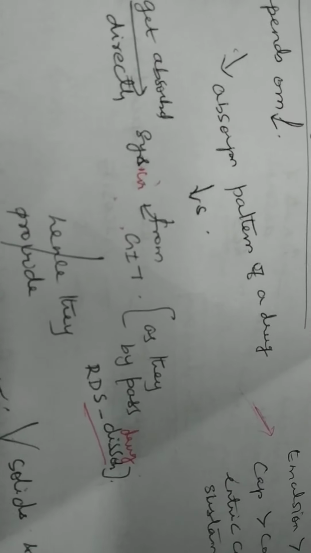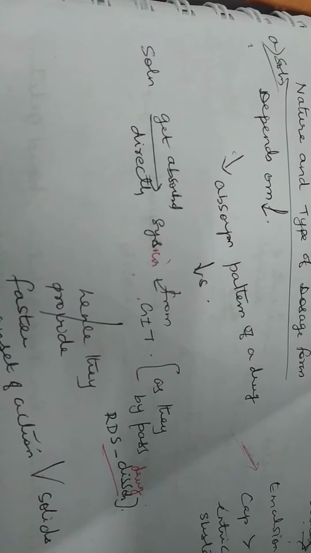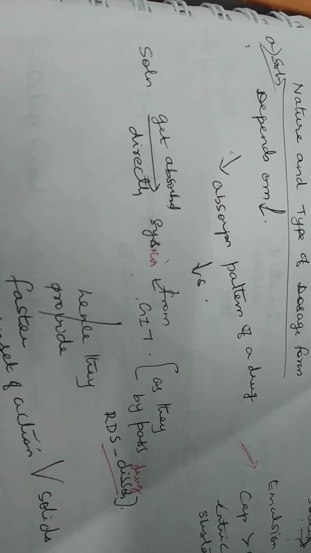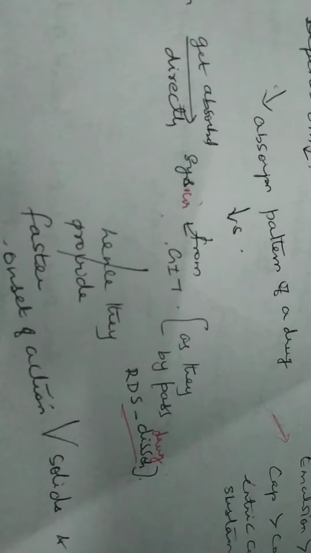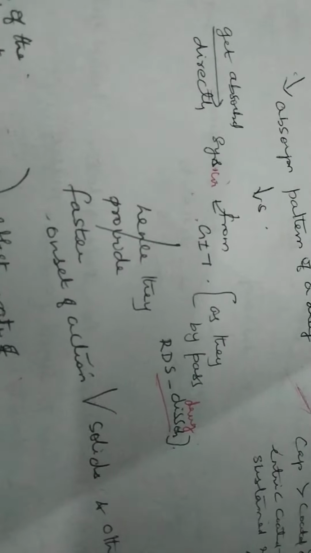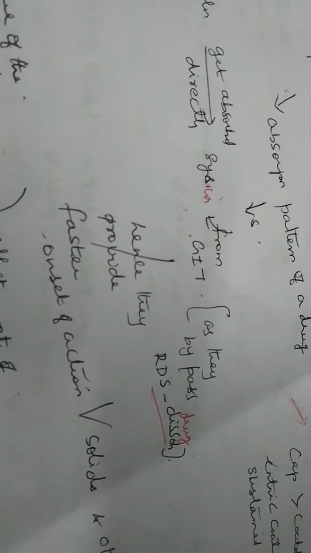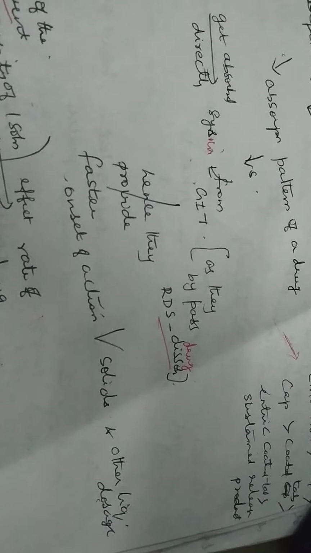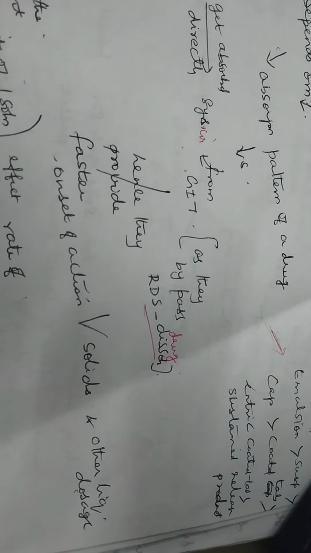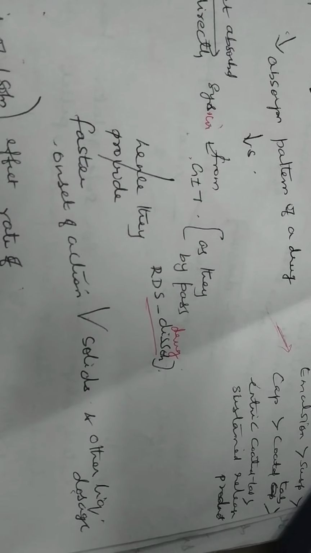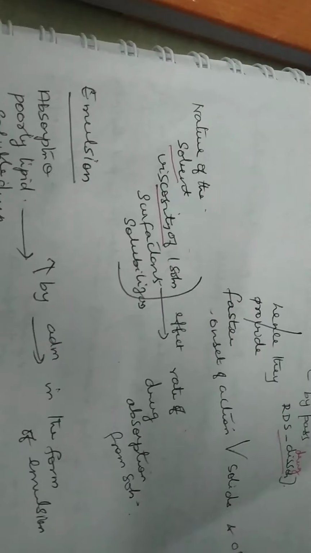It doesn't have to dissolve, right? So once we take the solution, it will easily absorb from the GIT and get into the circulation. So that bypasses the dissolution, which is a rate limiting step there. Hence they provide a faster onset of action than the solid dosage form and the other liquid dosage form.